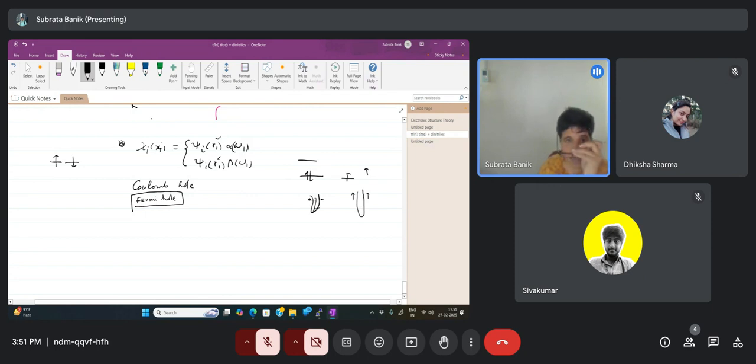Right? So what I have done here, this chi can be written as psi i alpha with omega 1. For the beta, instead of using the same function, why don't I use another function? I can do that.